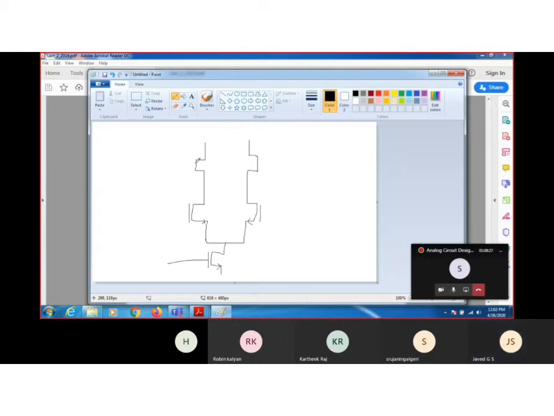On the top it is going to be PMOS devices. Pardon the drawing, I am not able to draw this very neatly. Just for illustration purpose I am using this here. So there is a body bias connection over here for each one of these devices.